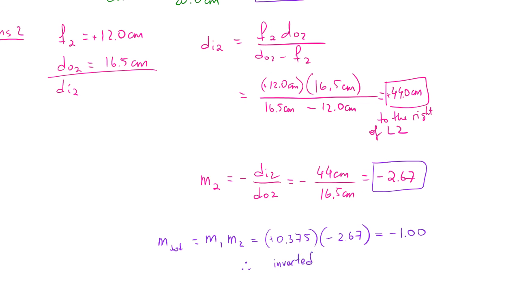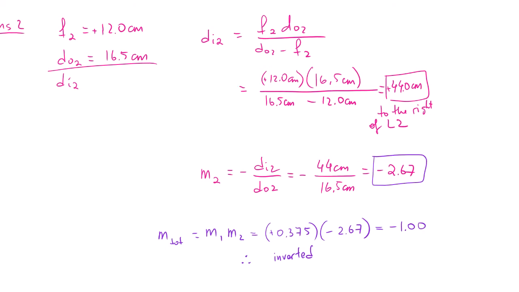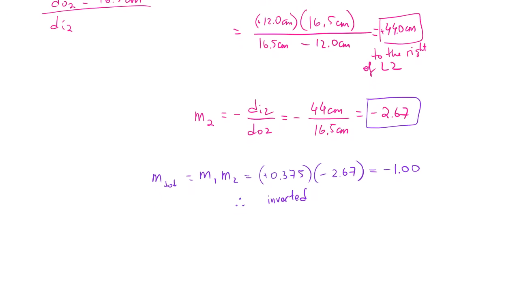If we find the height of the image, that would be M total times H of object, which equals negative 1.00 times 2.5 millimeters, which is negative 2.5 millimeters.